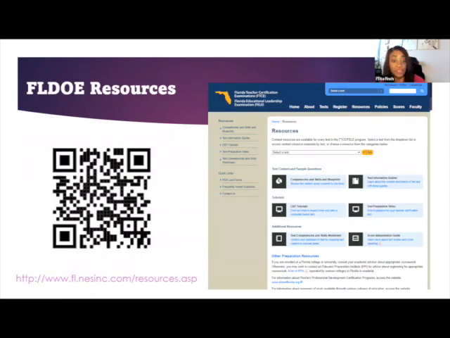Now, if you're with us now, go ahead and scan that QR code. That QR code is going to actually take us right here to this resource page. On your resource page, you have a bevy of resources, and I'm going to tell you my favorite.